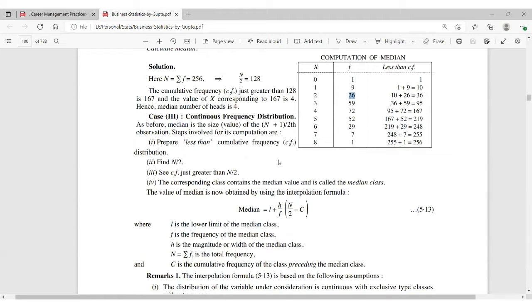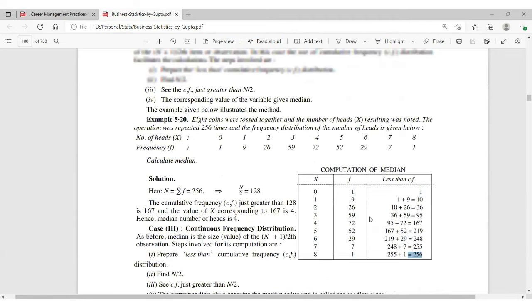The last is 256. 256 is the total of these frequencies: 1 plus 9 plus 26, all of these. If we add all those numbers, it comes to be 256. Got it?